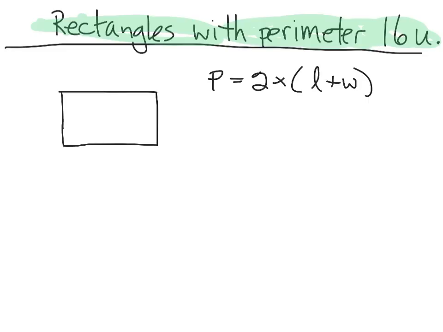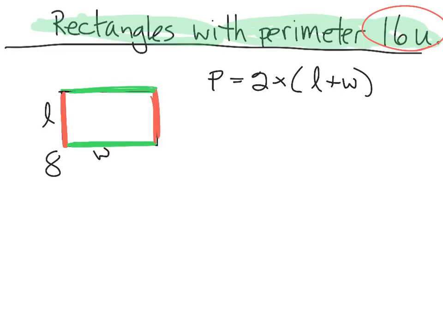All right, and so what we're saying, when we have a perimeter of 16 units, we're saying that, I want to get a fatter pen here. Okay, we're saying that this length plus this width has to equal 8, because we know when we add the opposite side, the other L, we have to get 16.